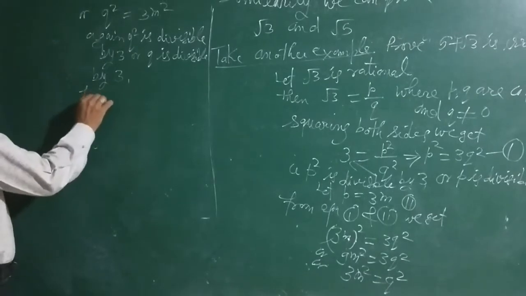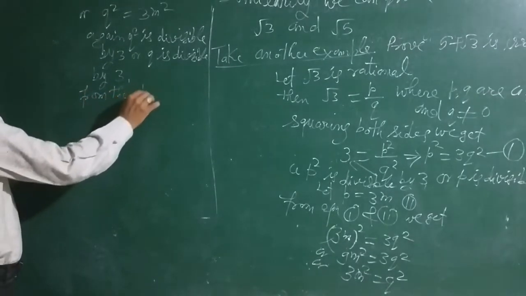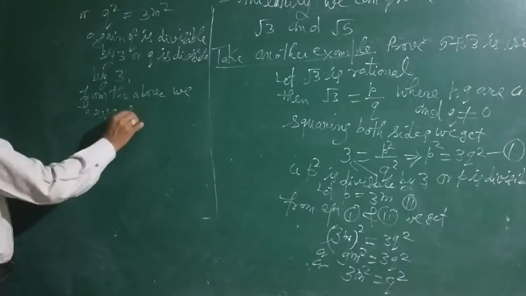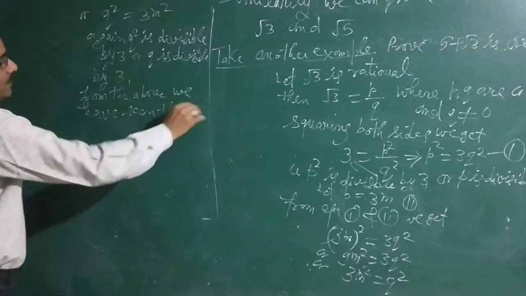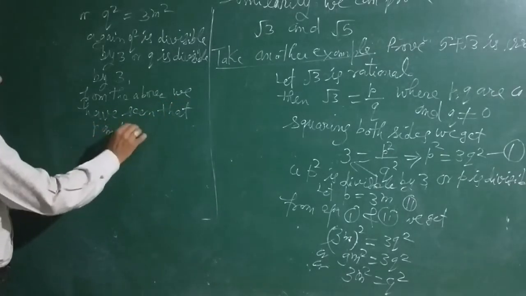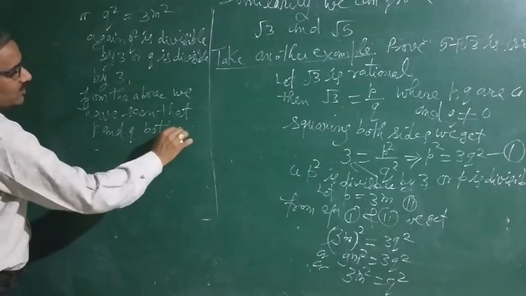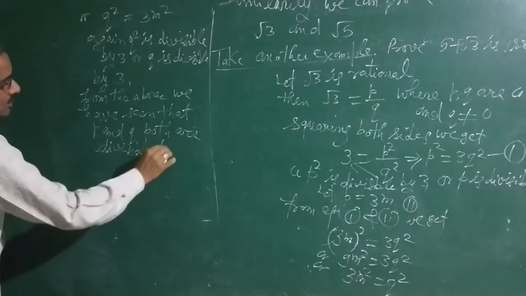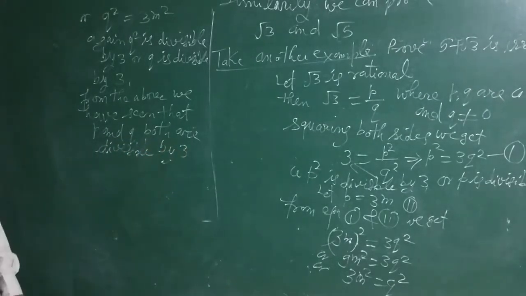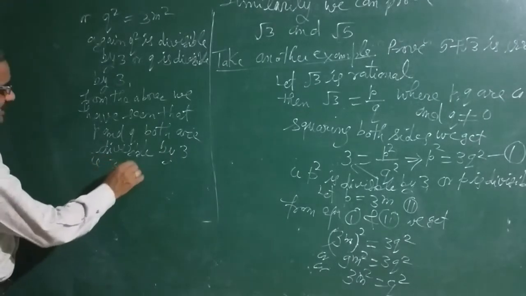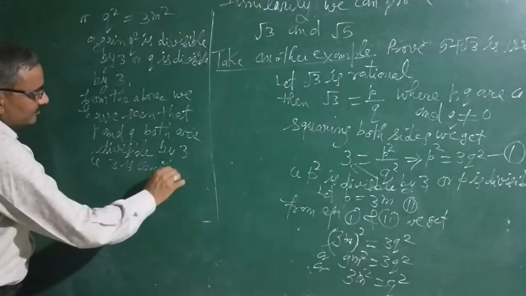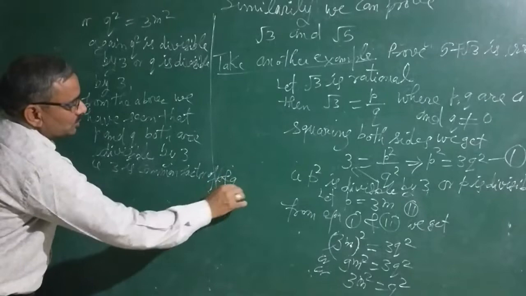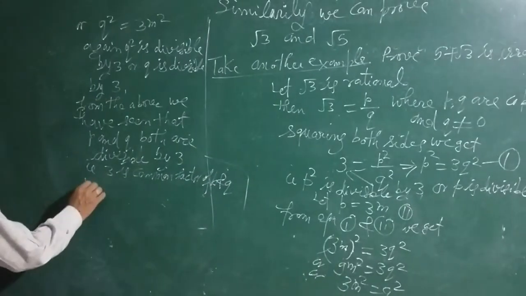From the above, we have seen that p and q both are divisible by 3. That is, 3 is a common factor of p and q, which contradicts our assumption.